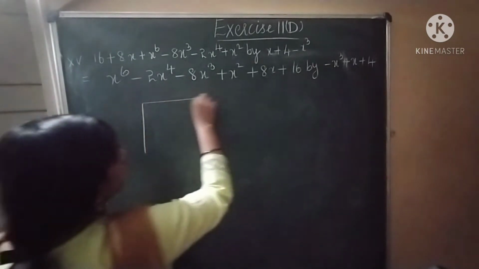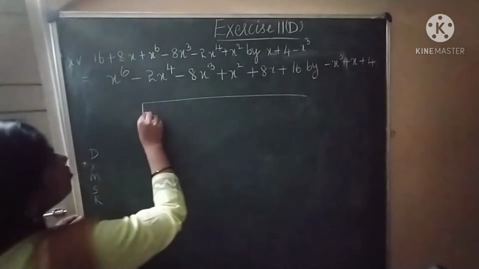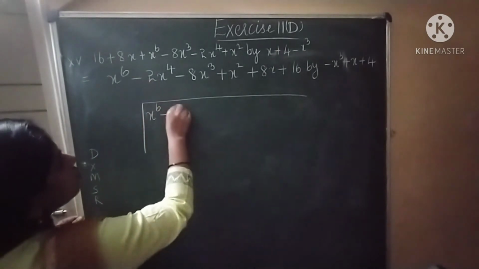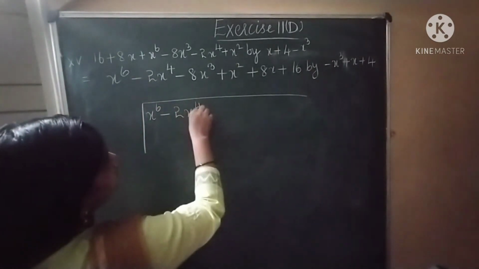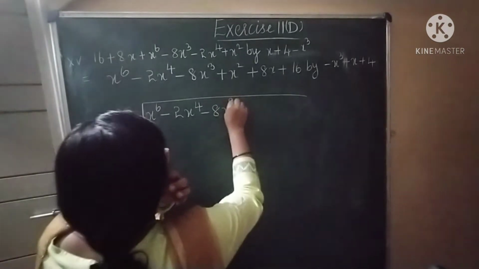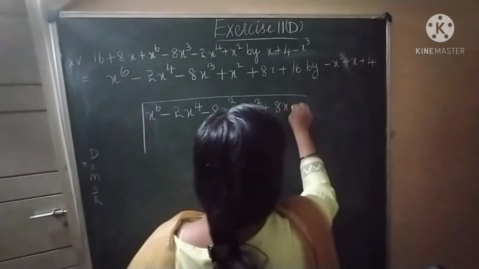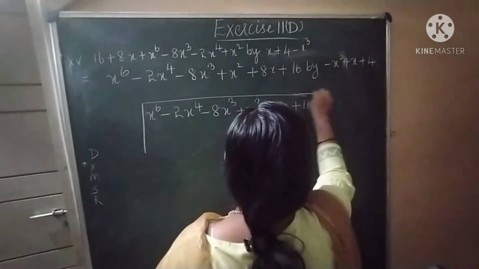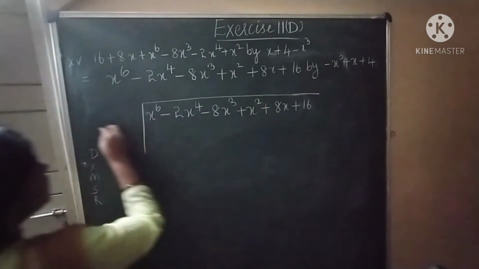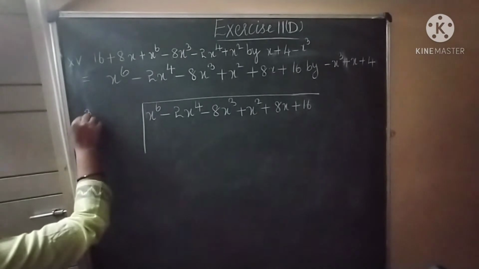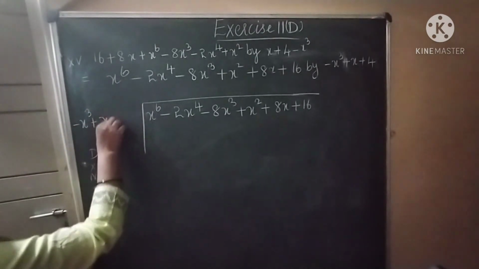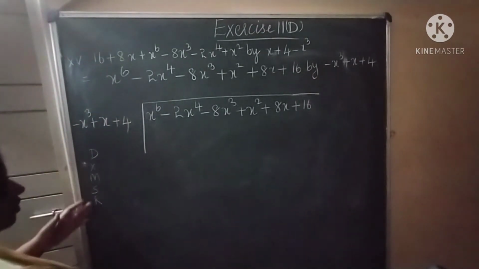We will follow the same step as we follow for the division. So 8x cube plus x square plus 8x plus 16. And what is the divisor here? It is minus x cube plus x plus 4. These are the steps of division.